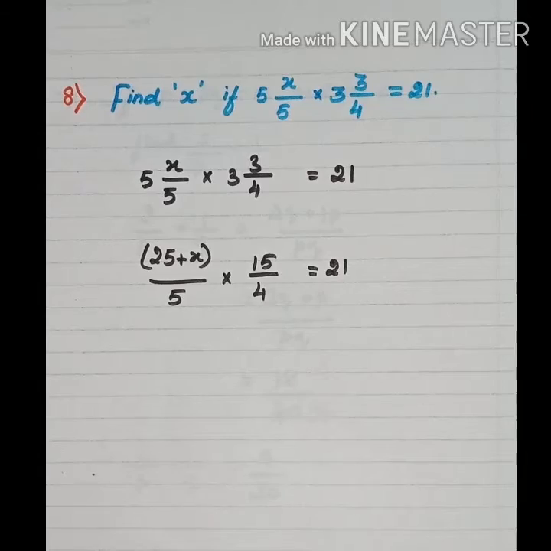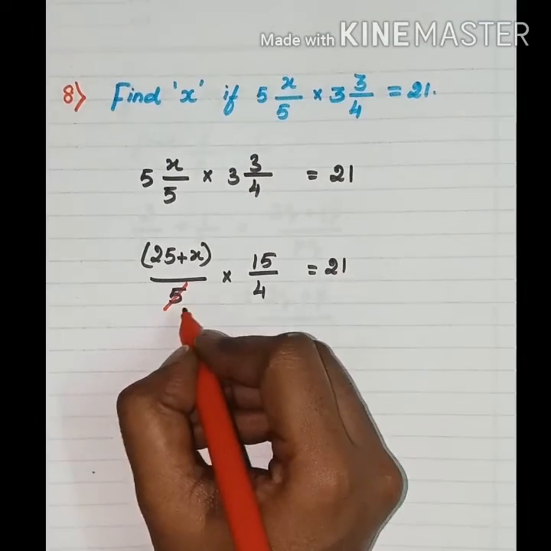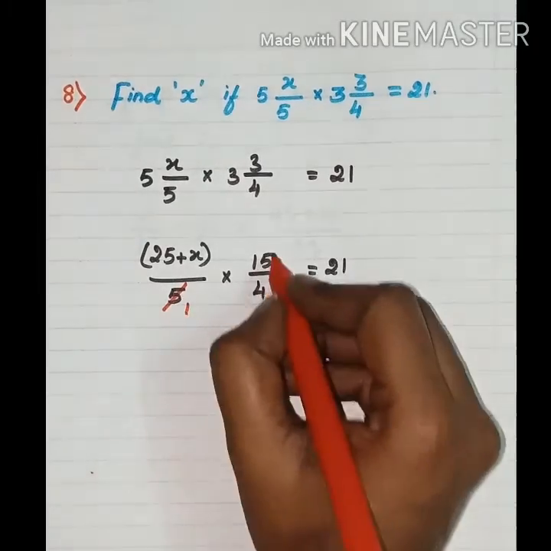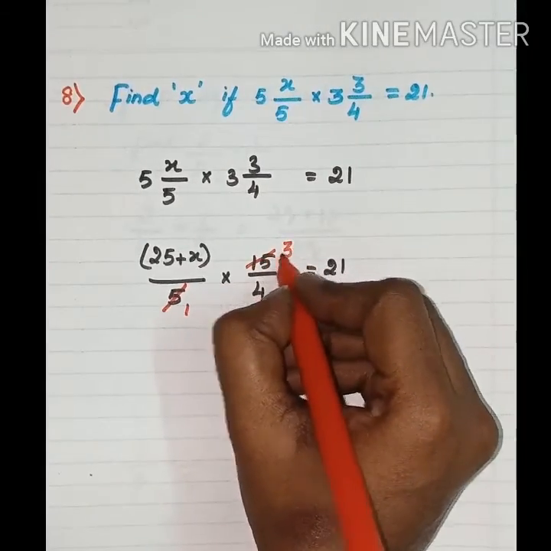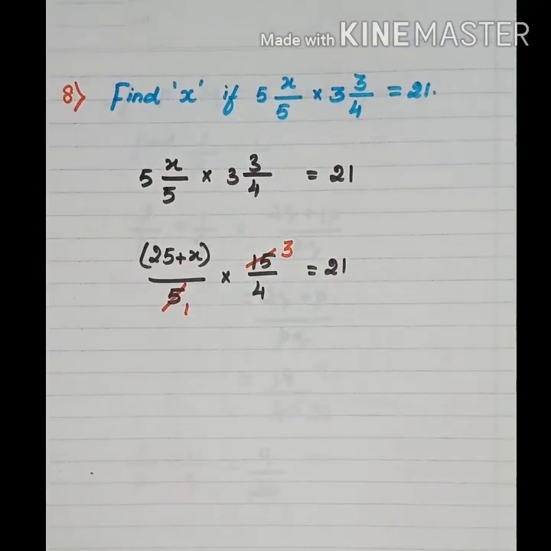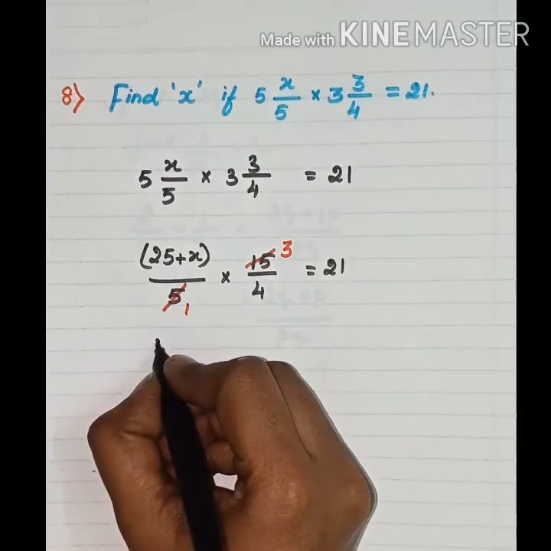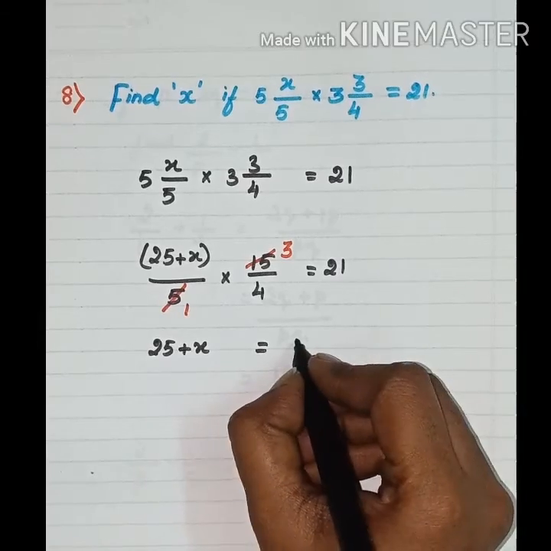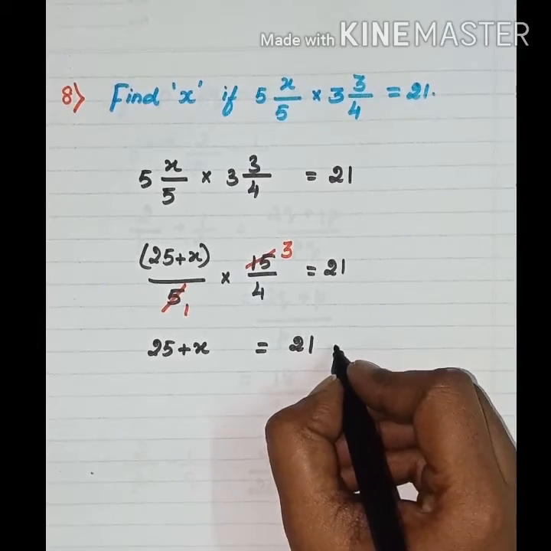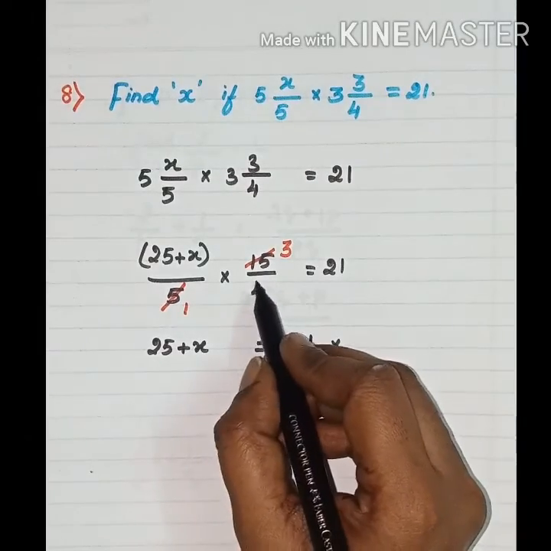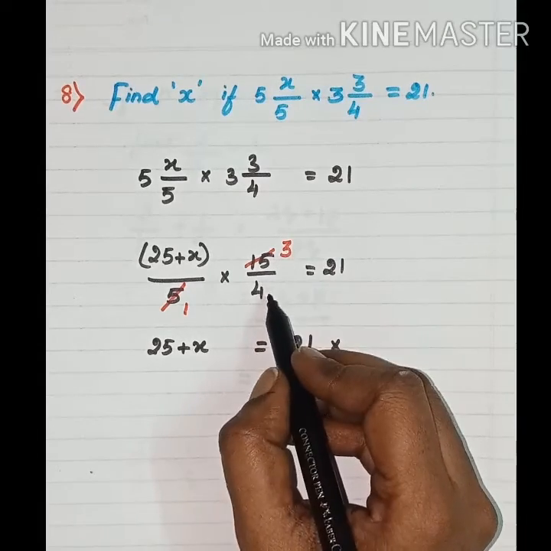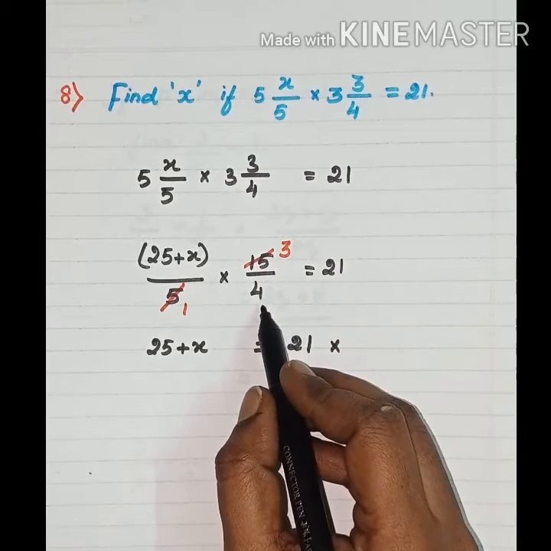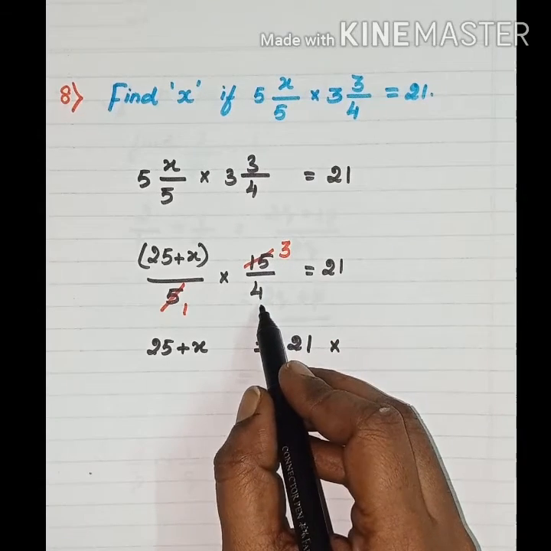Here 5 and 15 can be cancelled. 1 5s are 5, 3 5s are 15. So 25 plus x is equal to 21 into, here it is 3 by 4. 3 is in the numerator, 4 is in the denominator.